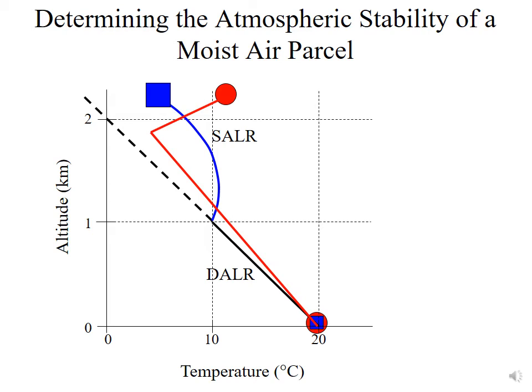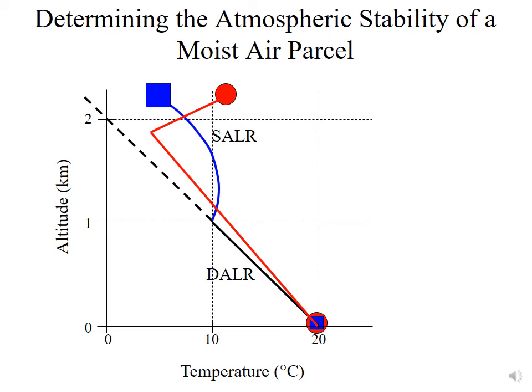And here you have another example. This would be a conditionally unstable atmosphere. It will be stable below the level of free convection. That crossover point is about 1.1 kilometers. And it will be unstable until it reaches about 2 kilometers. And at 2 kilometers, we have the equilibrium level.